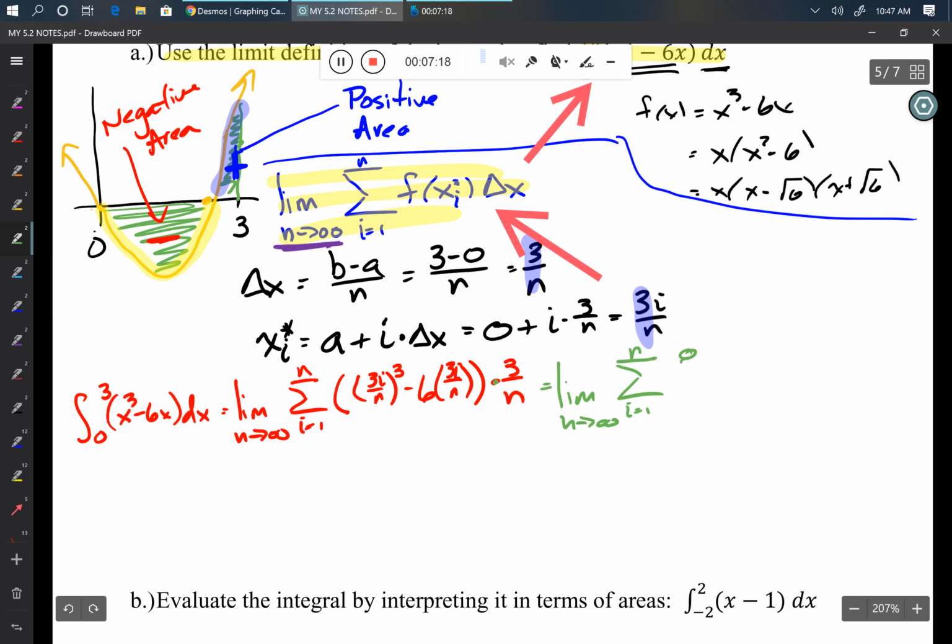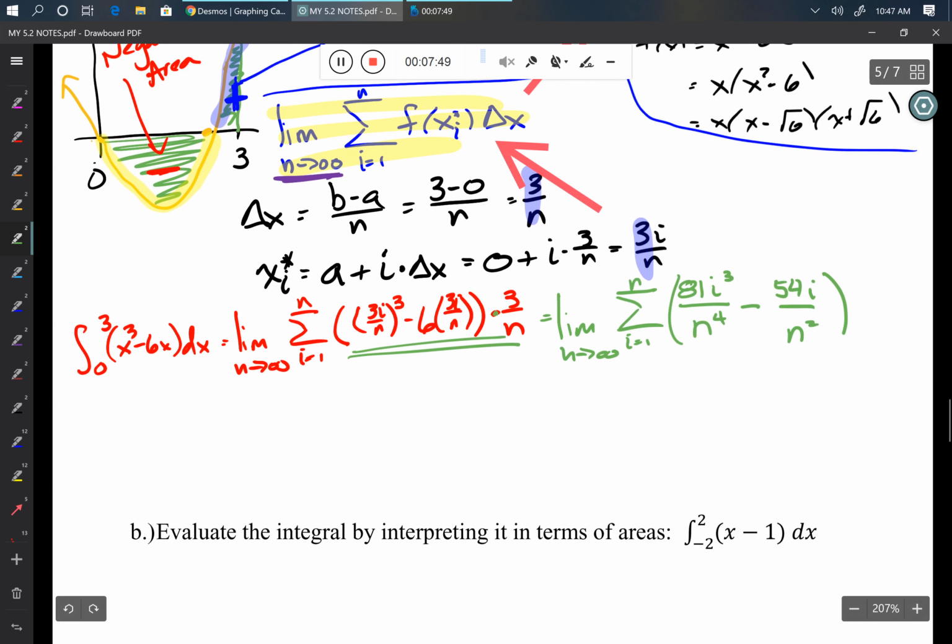So I'm going to get 81i cubed over n to the fourth minus 6 times 3 is 18 times 3 again. Well, that would be just 6 times 9, so that's 54. So minus 54i over n squared. Right? So if you're wondering where that came from, that was just this all worked out.